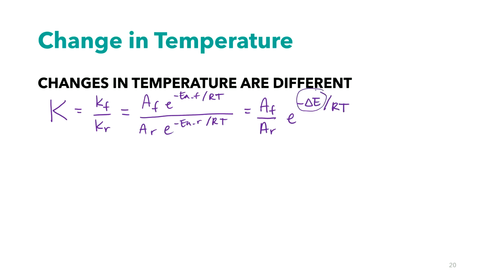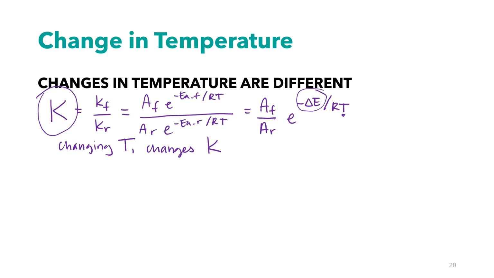Remember we said that whether this reaction was exothermic or endothermic had a really big bearing on the value of K. Importantly, notice that T is not dropped out of the equation. So temperature is the variable affecting the value of K. So changing temperature changes K. How it changes will depend on if the reaction is exothermic or endothermic.